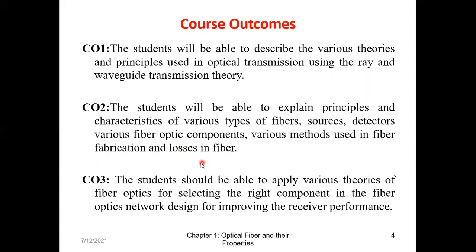We will be studying that, and not only will we study types of losses, but how we can reduce those losses. That is how the generations of fibers have progressed. Initially when the fiber was fabricated, the losses were very high. So in every generation we reduce those losses. This is an important aspect, and we are still working on it to reduce the fiber loss.